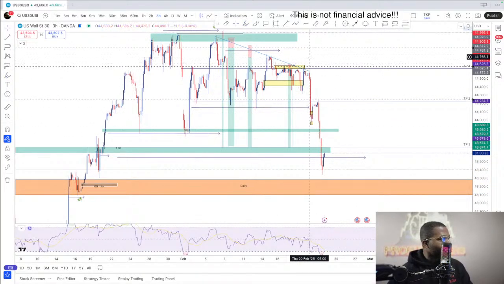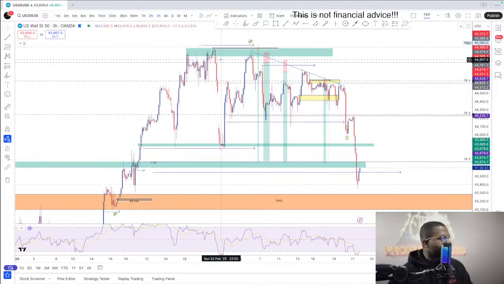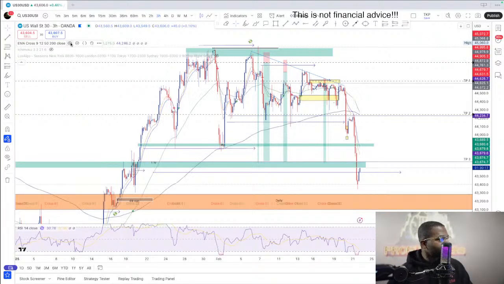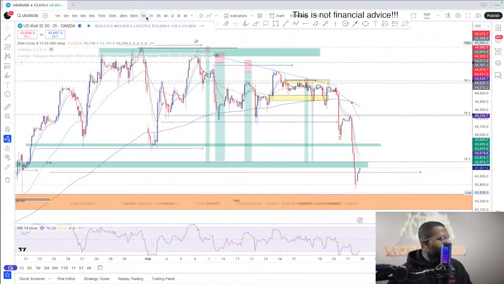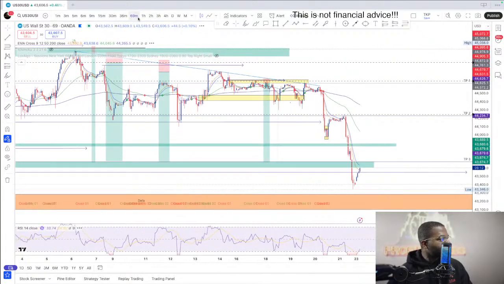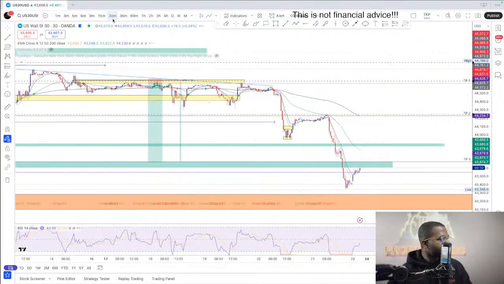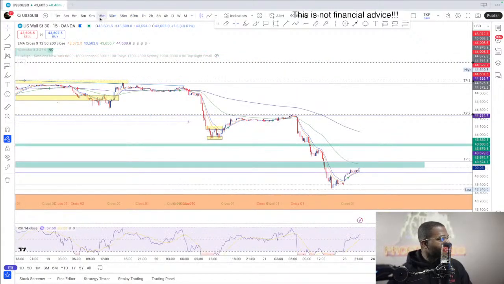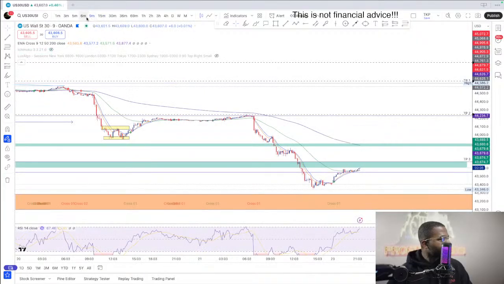But I don't think we should be looking for a buy just yet on US 30 because the momentum on this thing is still extremely bearish right now. Yeah, on all time frames. I probably should have left my position open. It's okay.